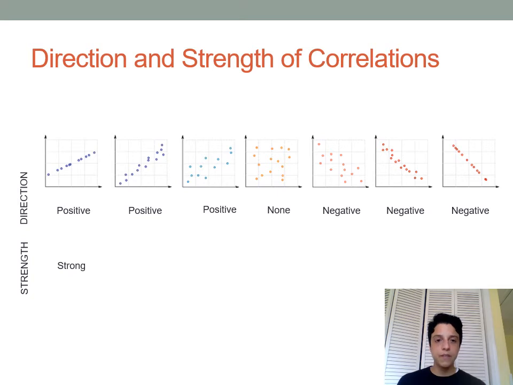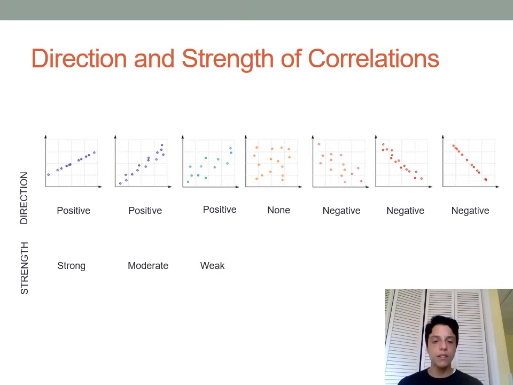We know that whatever these variables are, they're very closely related to each other, and you can predict one from the other really well. Here we have a more moderate correlation where you can predict it pretty well, but not great. Here we have a weaker correlation where it's sloping up, but it's not as strong a relationship.